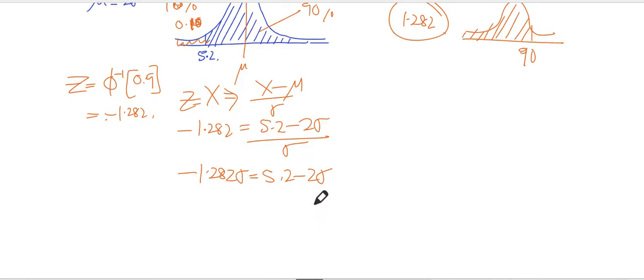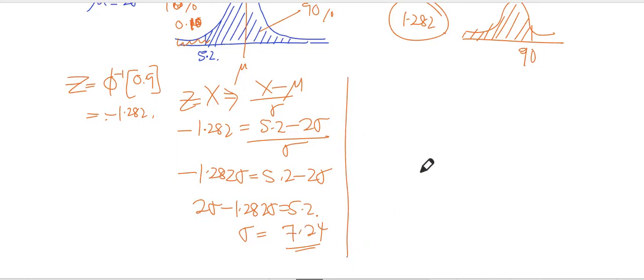Therefore 2 sigma minus 1.282 sigma equals 5.2, and from there sigma equals 7.24. Just switch this around and you should get your answer 7.24. So we already have our standard deviation, or sigma.